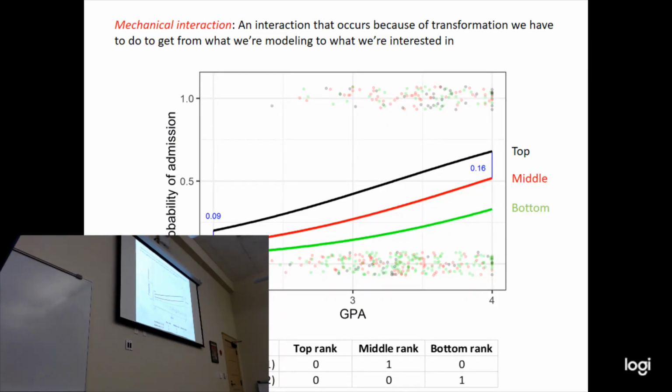But it can be important for interpretation because, for example, you could have a very large odds ratio when probabilities are small.